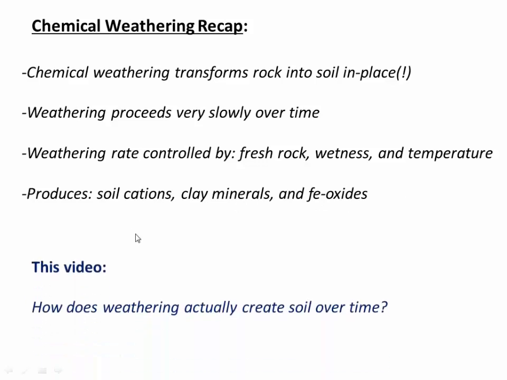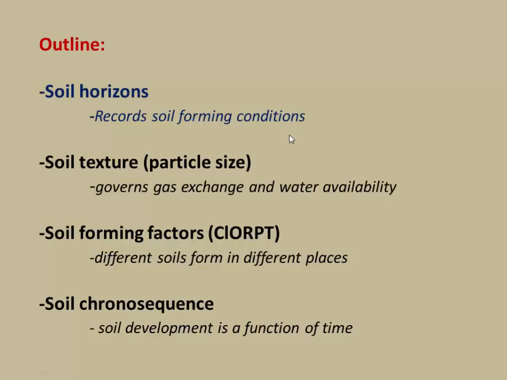In this video, we're going to look at how these weathering processes act to actually create the soil over time. So we'll start by learning about soil horizons, which actually record the soil forming conditions. Then we'll look at how soil texture, or the particle size of soil, governs gas exchange and water availability.